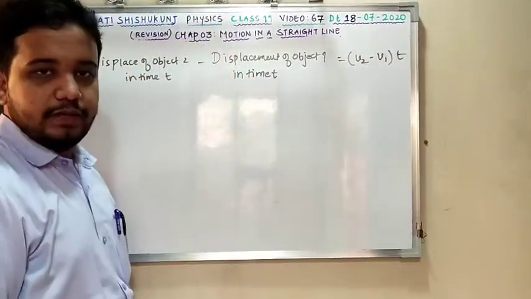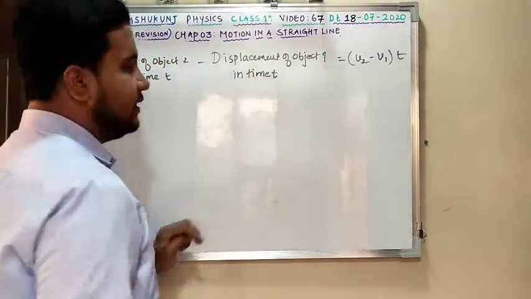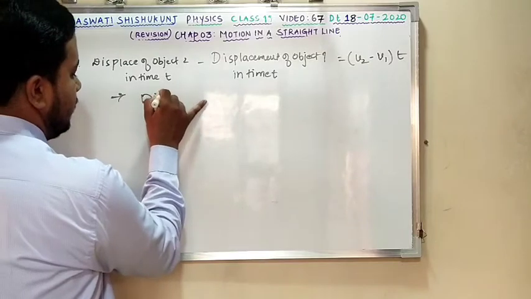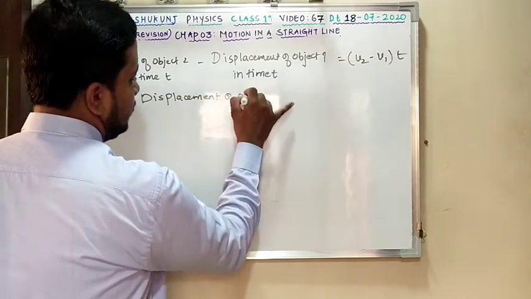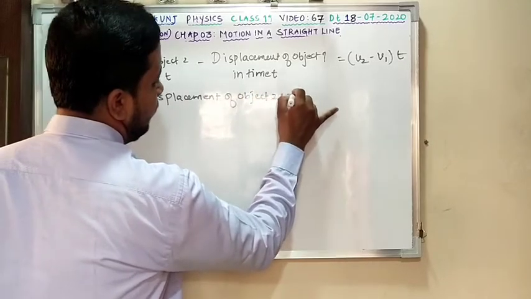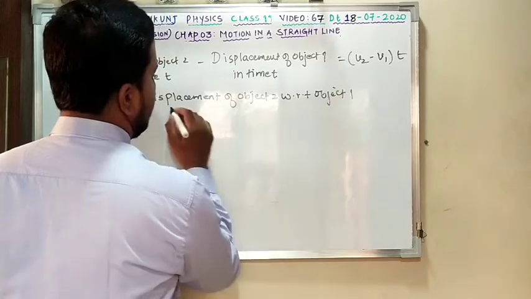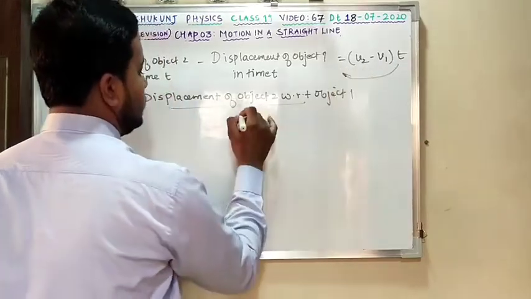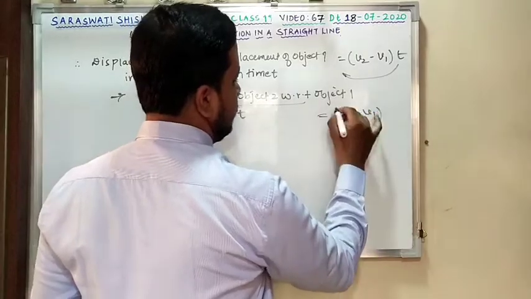This was the equation. See, this is displacement of object 2, this is displacement of object 1, both are being subtracted, so this is nothing but displacement of object 2 with respect to object 1. Clear? And if I take this t down into the denominator, I am going to get v2 minus v1. Clear?